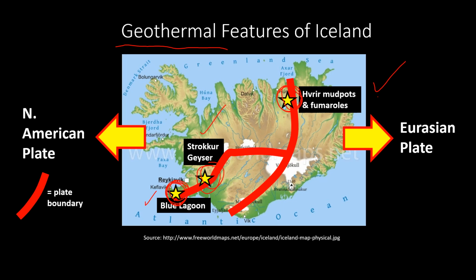And the water then rises back up to the surface because being so warm, it's buoyant. And in some cases, the water just slowly bubbles out of the surface again as a hot spring. And in other cases, like the Strokur geyser, the water actually erupts. You get a jet of hot water shooting into the air, which is a geyser.